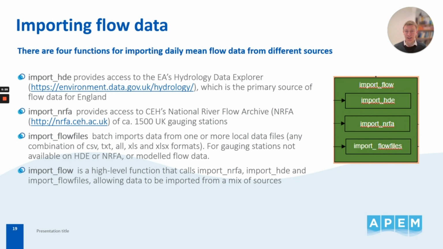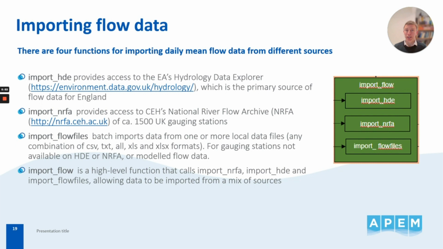You can see the link to it on the slide there. It's essentially a website with a database sitting behind it, which is the primary source really of flow data from gauging stations across England. You can use the website to identify where those gauging stations are and work out which one is best paired up with each of your ecology sampling locations.